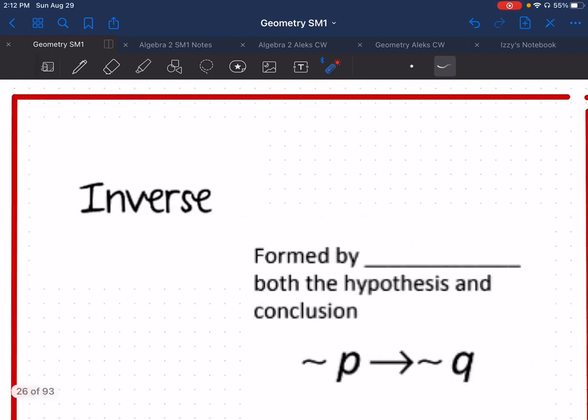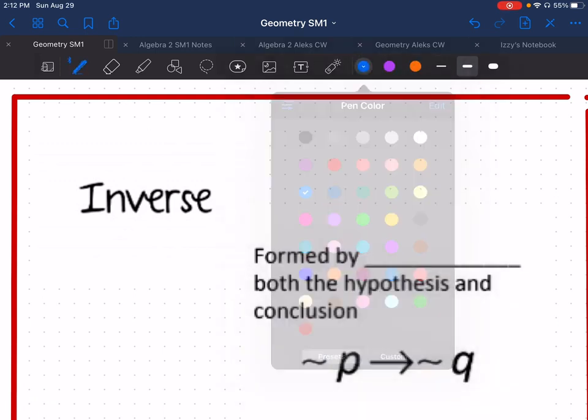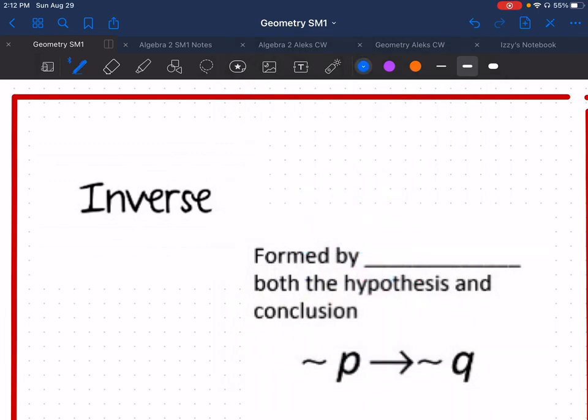All right, the next one that we're going to talk about is the inverse. Now, the inverse is formed by negating both the hypothesis and the conclusion. Now, I want to underline some stuff here. Both and. You've got to do both of them, okay?